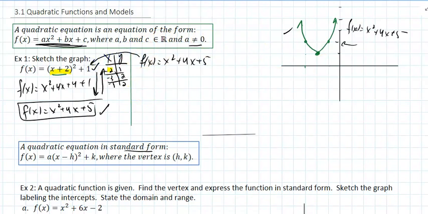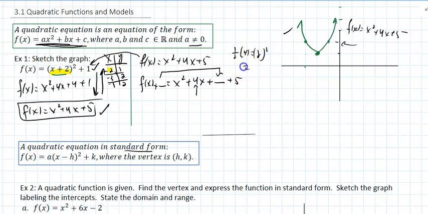But if you want to, you complete the square. You could have x squared plus 4x, so whatever number I add on the right, I must add on the left, or I could add it and subtract it on the same side. Take half of the middle number, which is 2, and square it, you get a 4.